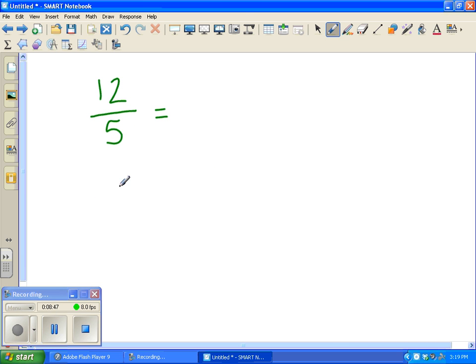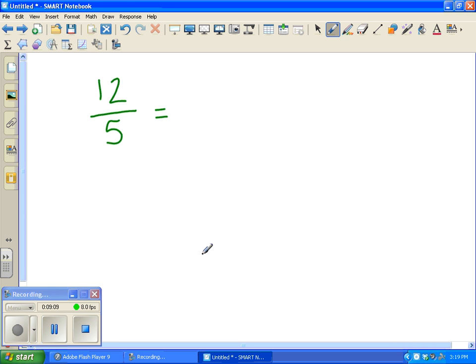So I could do all those drawings and I could do the number line, or I could do this test. Now, when you read this, what this actually means, if you were to put this in a calculator, you would start with the numerator. You would say 12. Then you would hit the division symbol because this means divided by 5.